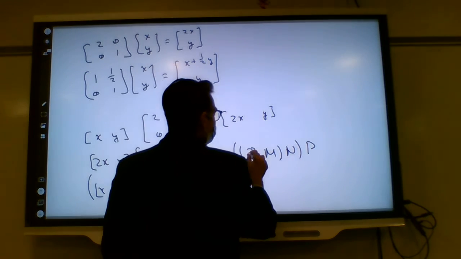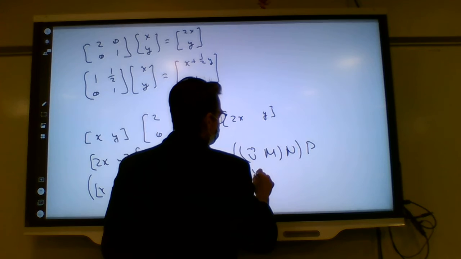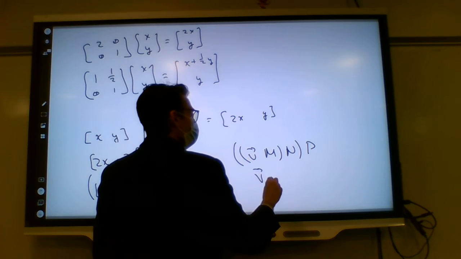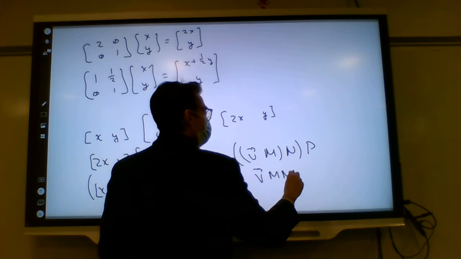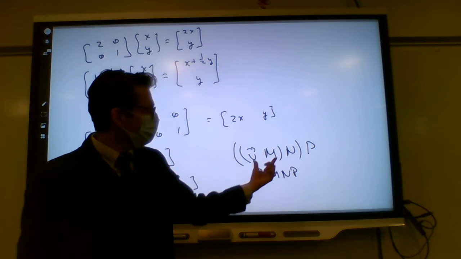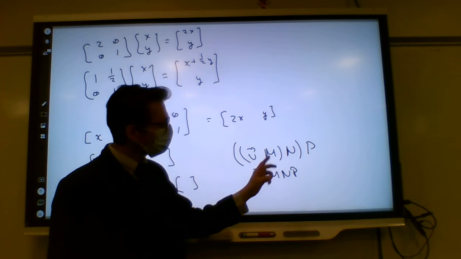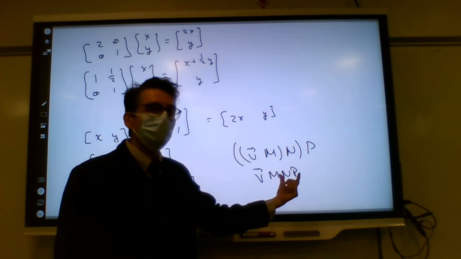And it turns out, and we're probably not going to prove this, we'll just see some examples to see that it does work, that this is associative, so we can move the parentheses. We can't change the order of things, we'll see that as well, but we can move the parentheses.